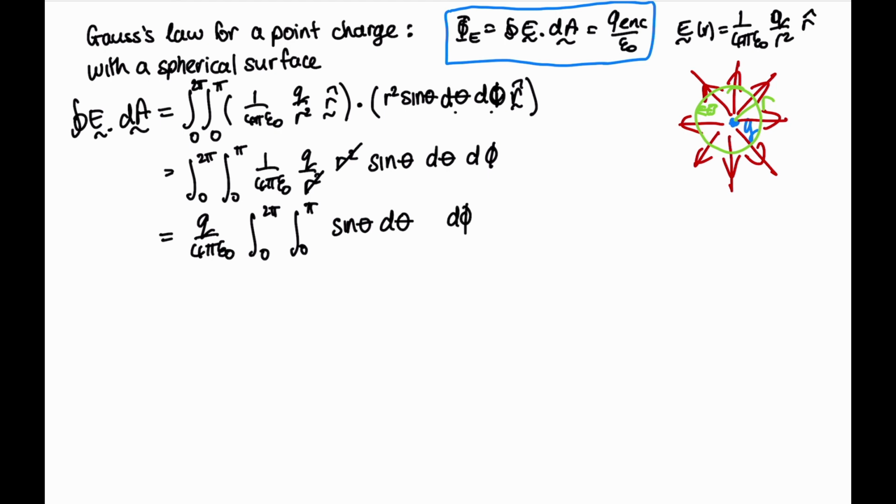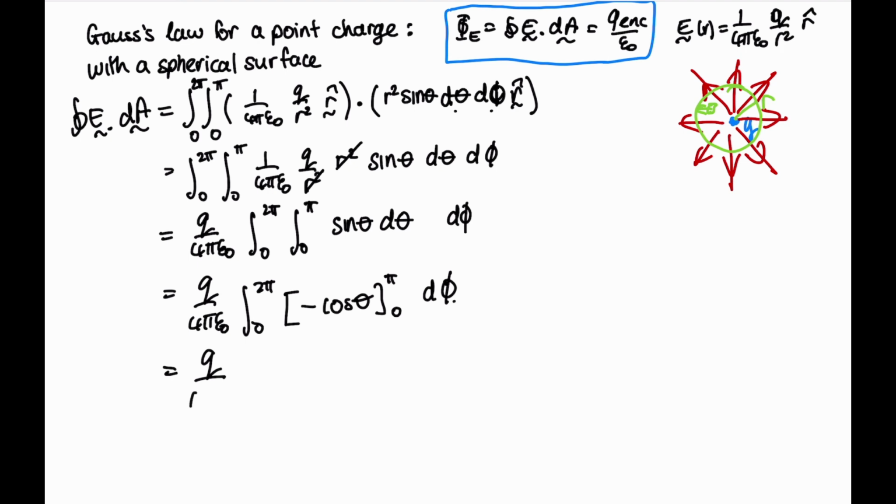and then we'll do the d phi. So we've got q over 4 pi epsilon naught, 0 to 2 pi. We're doing the integral of sine theta, and when we integrate that, we get minus cos theta. And the limits on that integral were from 0 to pi, and then we've got d phi. When we evaluate this, minus cos of pi, that's minus 1, so that's plus 1, and then minus cos 0, so that's plus 1, d phi.